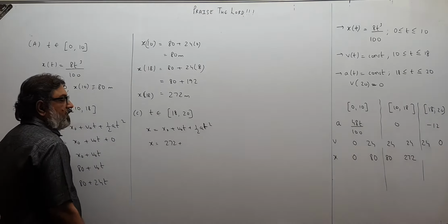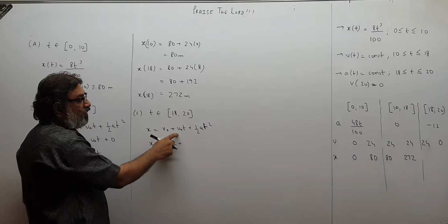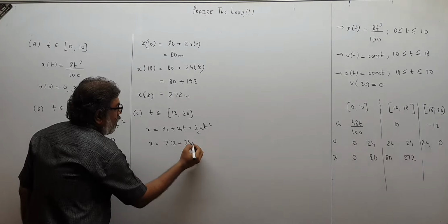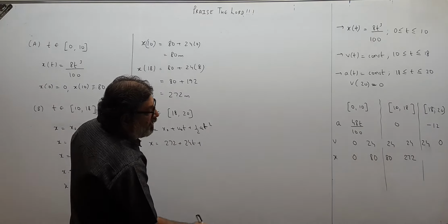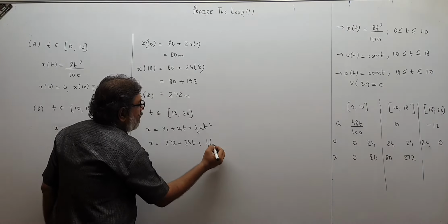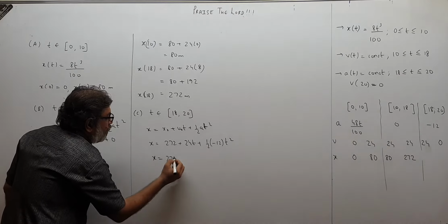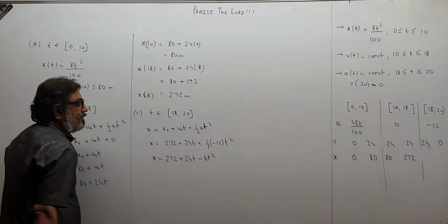Velocity at 18 seconds, v0, how much is that? 24. And what is the acceleration in this range? Acceleration is minus 12. So half into minus 12 t square. So x becomes 272 plus 24 t minus 6 t square.